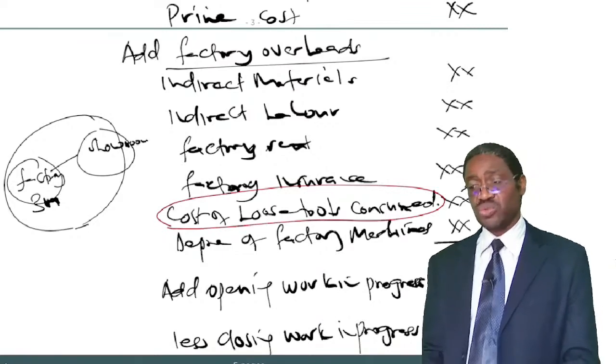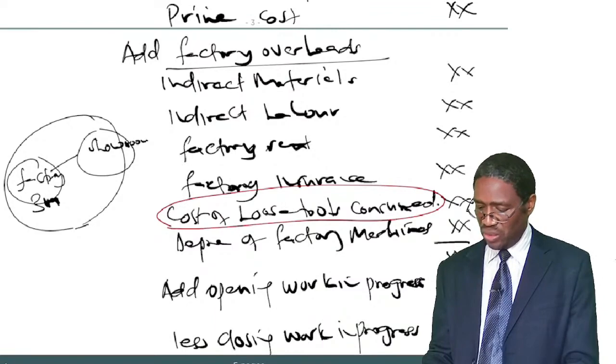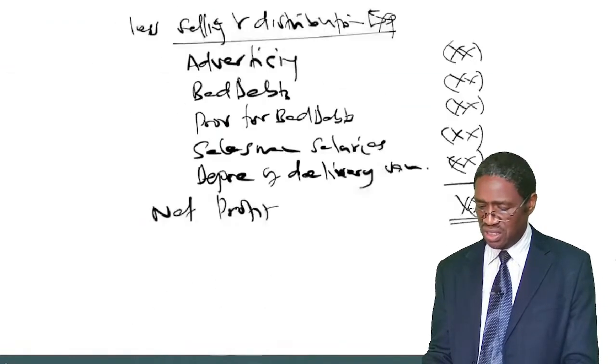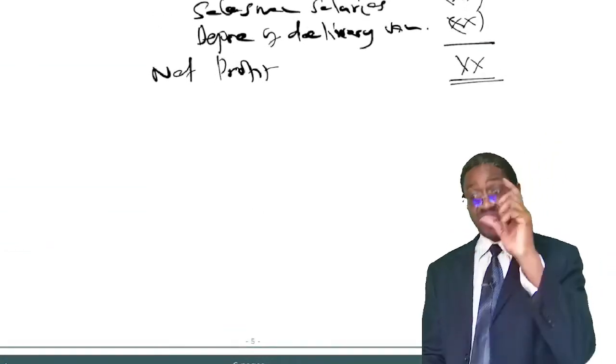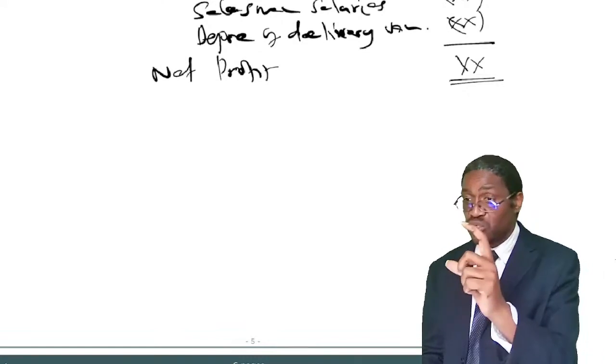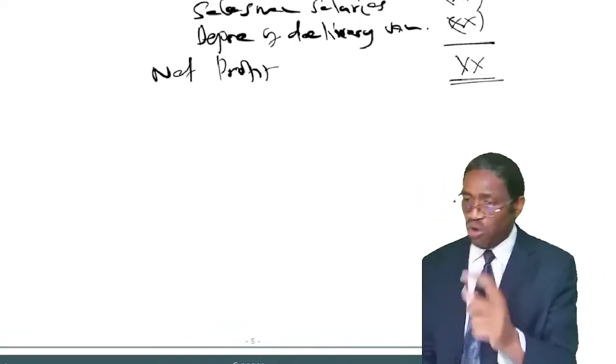That's what I want to talk about now. What are they, and how do you calculate it? We have just said cost of loose tools consumed is an example of a factory overhead.